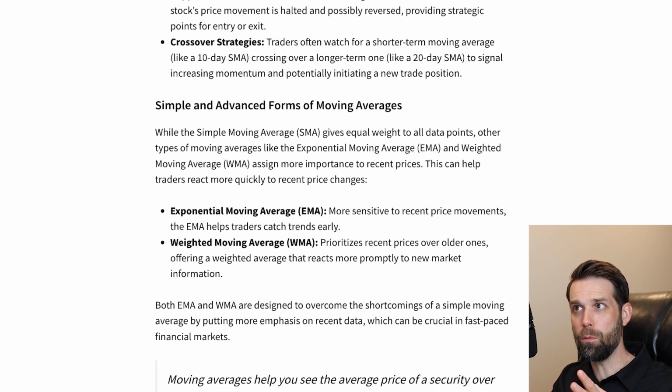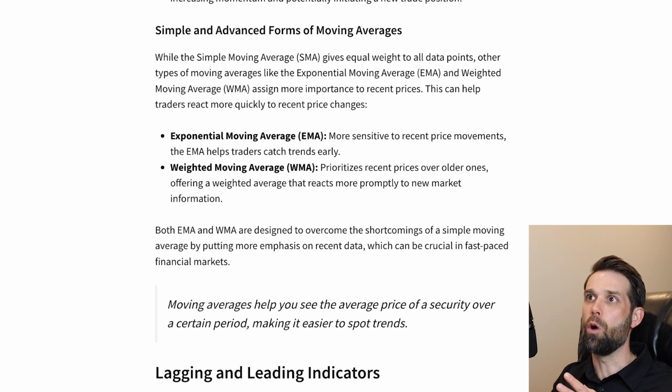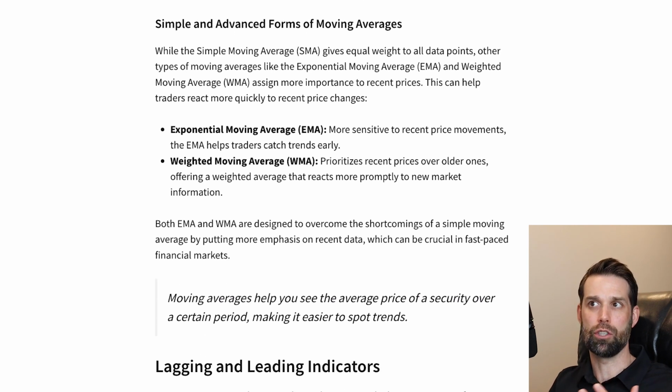So you've got these simple moving averages, and you also have what are called exponential or weighted moving averages. A simple moving average gives an equal weight to all the data points, whereas these other weighted averages, like the exponential moving average and the weighted moving average, assign more importance to recent prices.